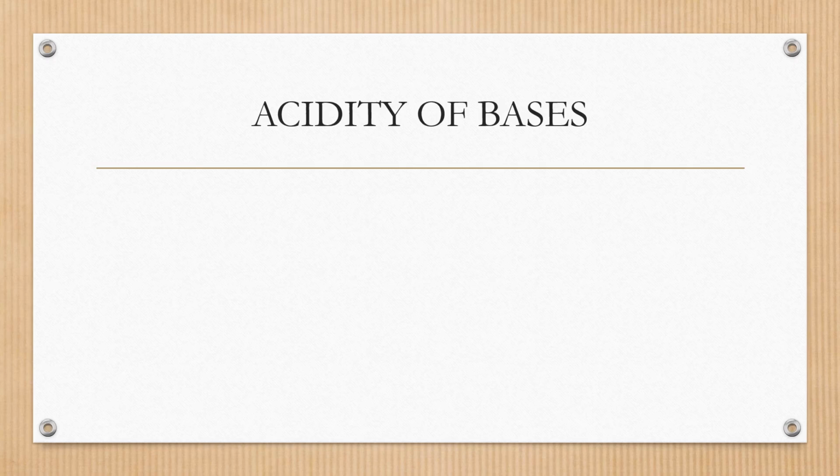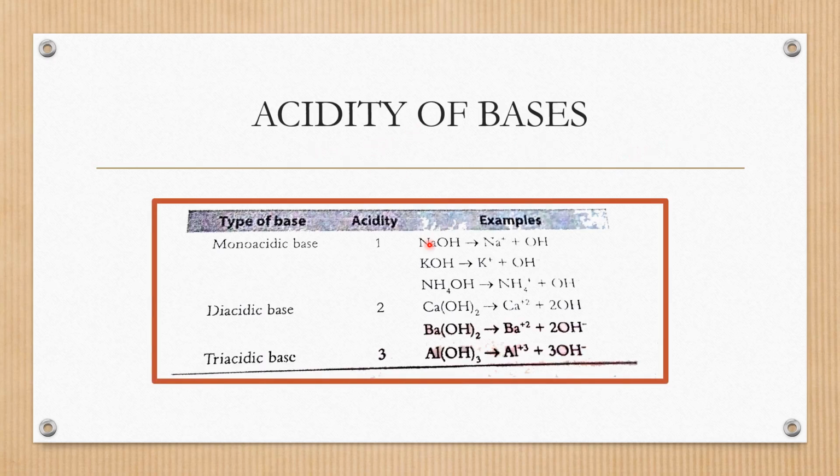Now we are going to see the acidity of bases. As we already saw the basicity of acids in the previous slide, now we are going to see the acidity of bases. The first examples are NaOH, KOH and NH4OH.